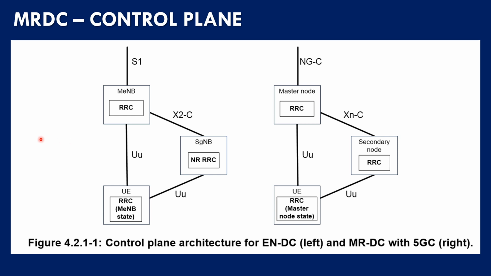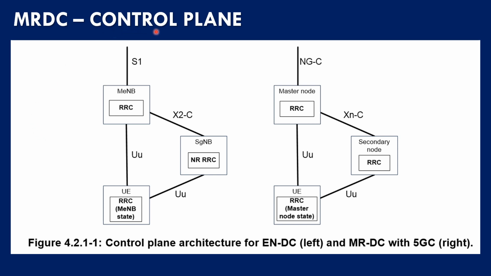In MRDC, the UE has a single RRC state, meaning it can be either RRC inactive, RRC connected, or RRC idle, based on only one node, which is the master node, based on the MN RRC, and a single C-plane connection towards the core network, which we have already discussed.